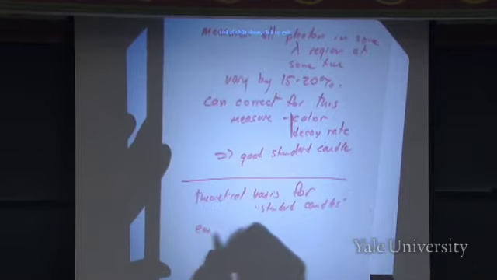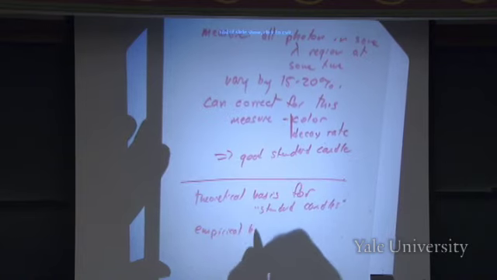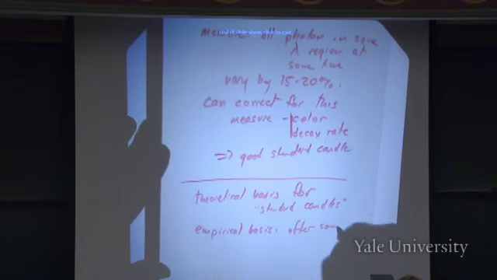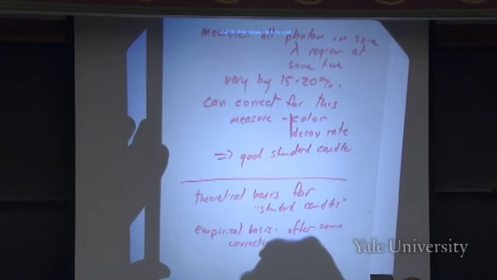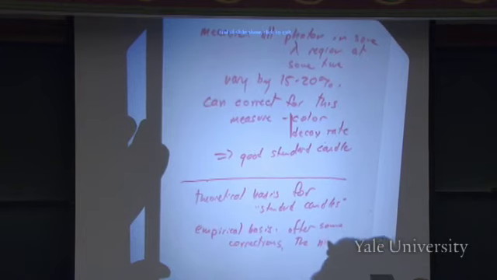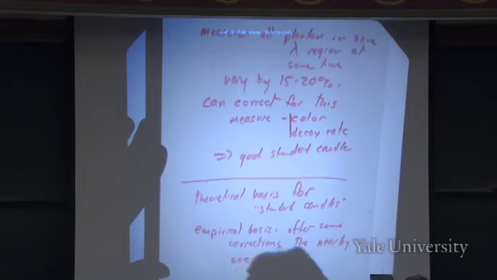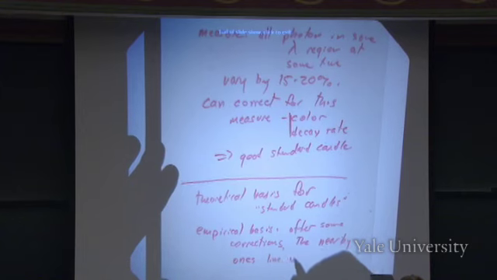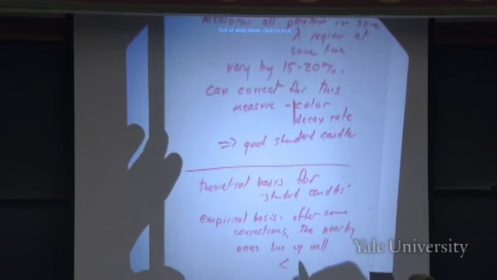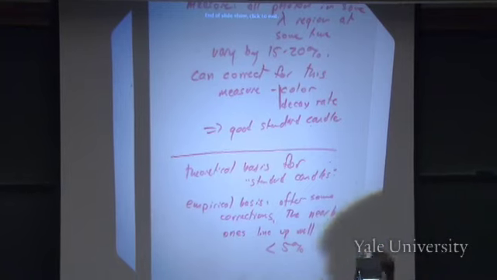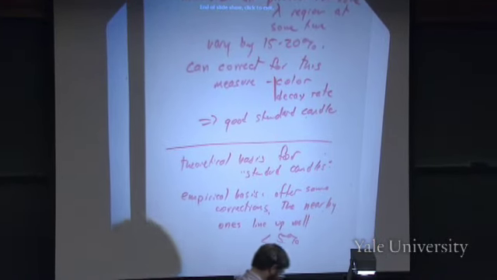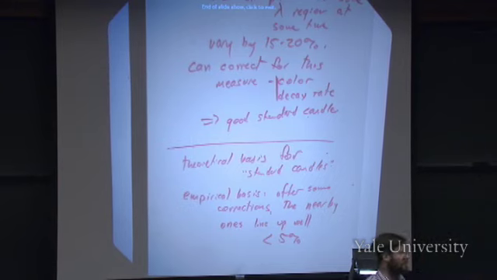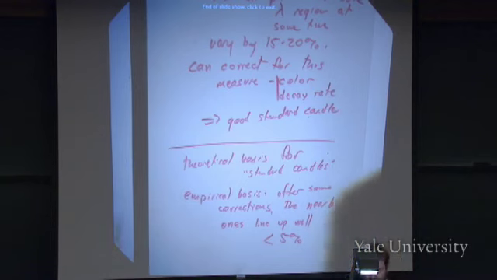And there's also an empirical basis, which is that after some corrections, the nearby ones line up beautifully. The nearby ones for which you know the answer in advance by other means line up well, and by well, I mean less than 5% difference between them. There still is about a few percent difference, but if we observe enough of them, we can average over that, and we think we're going to be okay.